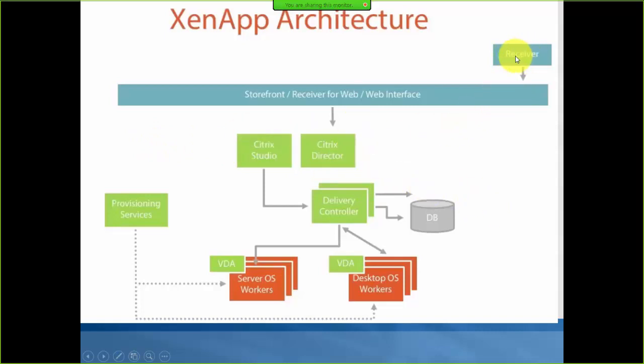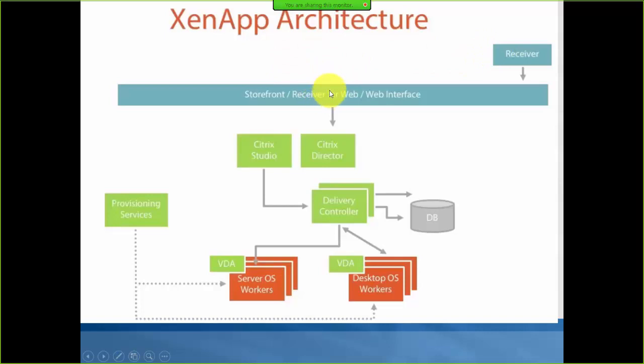So there is a Citrix receiver, and this is the client machine. Suppose this is a client machine, and on the machine we have put the receiver. But now instead of web interface, we have storefront receiver for web. So we're still going to open or access the applications through the web browser, but it used to make connection with web interface on the client side.